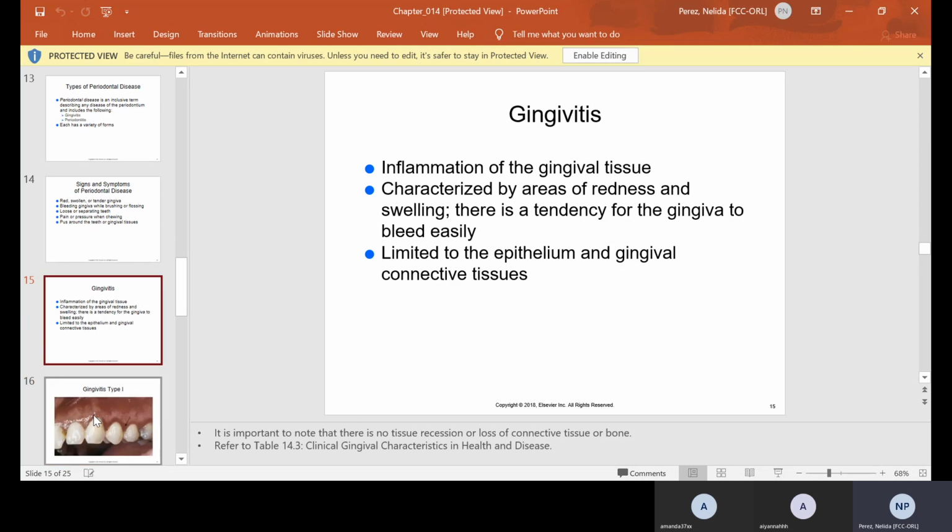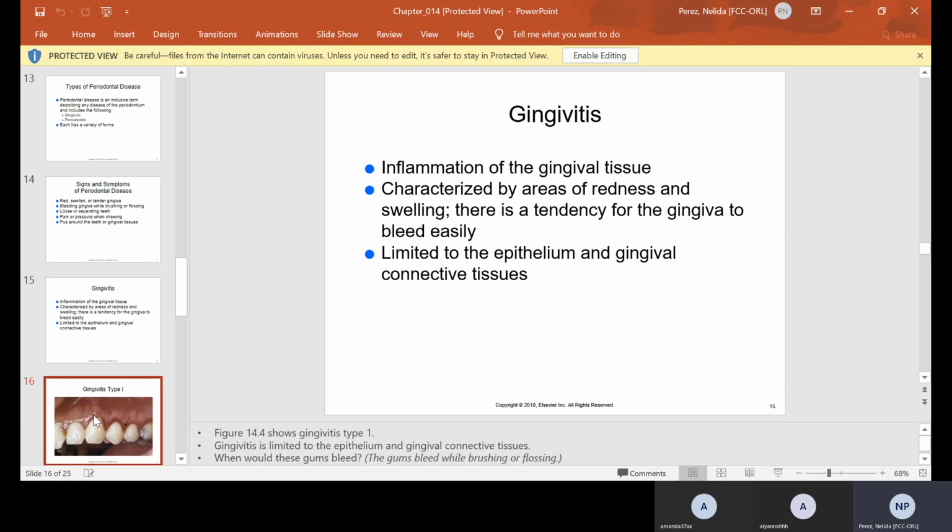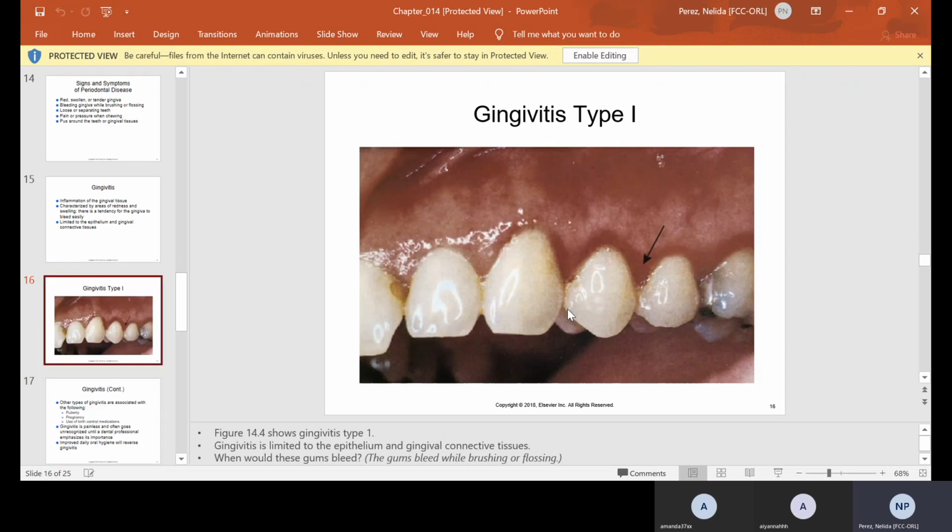Now, gingivitis, that's an inflammation of the gingival tissues. Again, redness and swelling. There's a tendency for the gingiva to bleed easily. It's limited to the epithelium and gingival connective tissues, okay? And again, look at your diagram to see where the epithelium and gingival connective tissues are. Here's gingivitis.